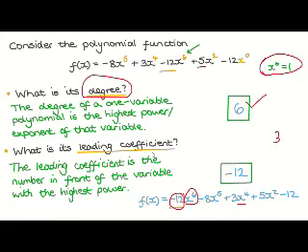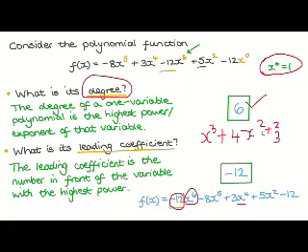They can ask you the leading coefficient of something like x cube plus 4x squared plus 3. What is the leading coefficient? X cube is the highest power, so you will take 1 as the leading coefficient if no coefficient is mentioned before it.